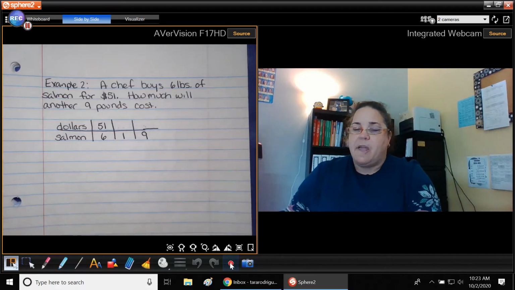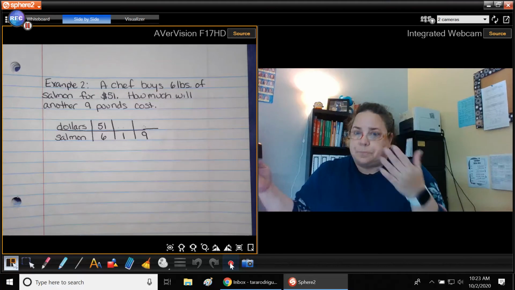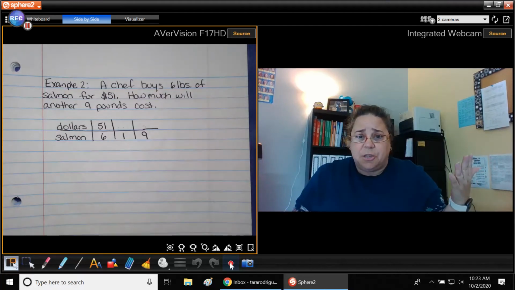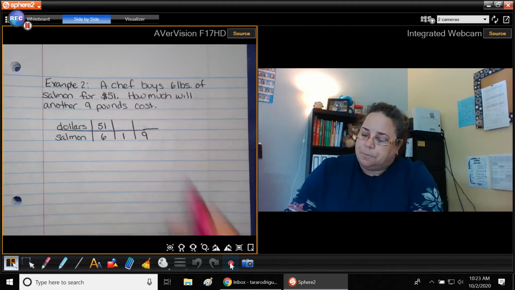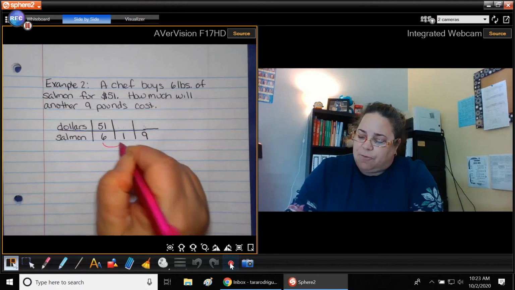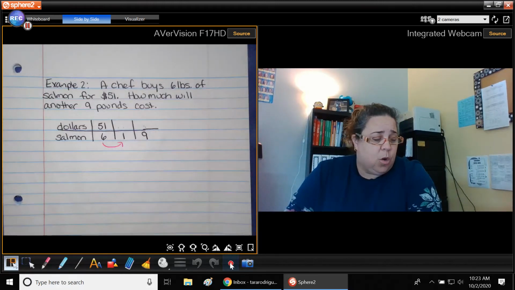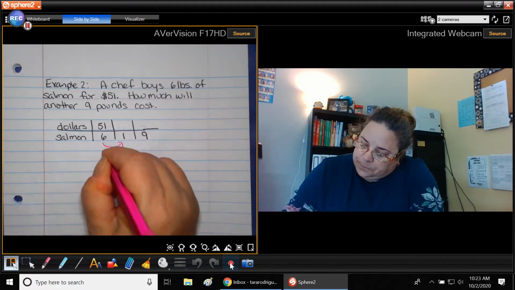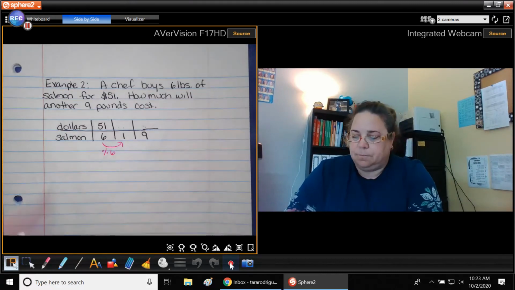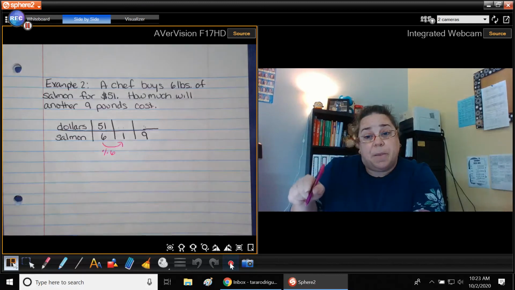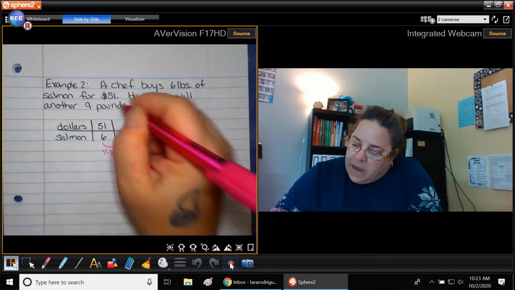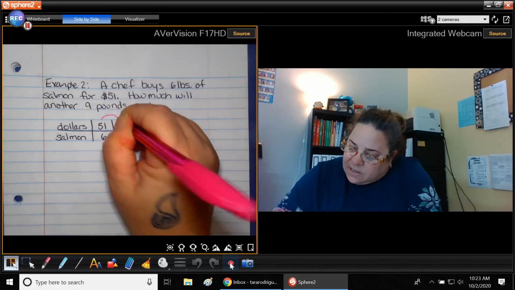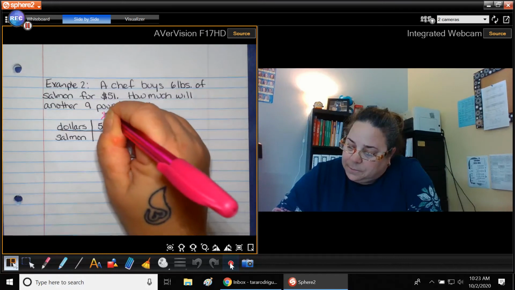Okay, well, now it's just like any other ratio table you've ever done, right? You're trying to figure out how do you get from 6 to 1, you divide by 6. And if you do it on the bottom, you do it on the top. So what'll happen when I divide 51 by 6?